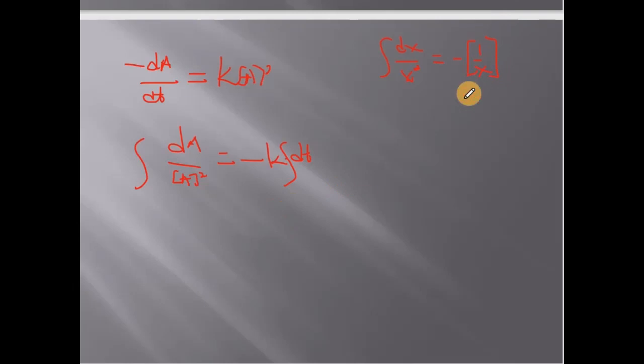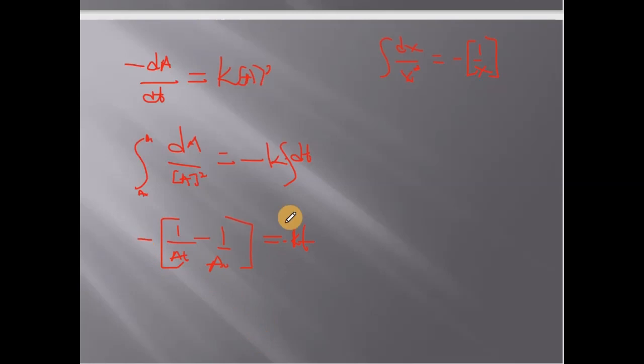So let's look at how we can apply this one here. If you want to find the integration of A, or change in A, from A naught to At, where A naught is more than At, that is, there's a reduction, then it's going to be expressed like this: the minus, which comes outside the bracket, 1 over At minus 1 over A naught equals minus kt.